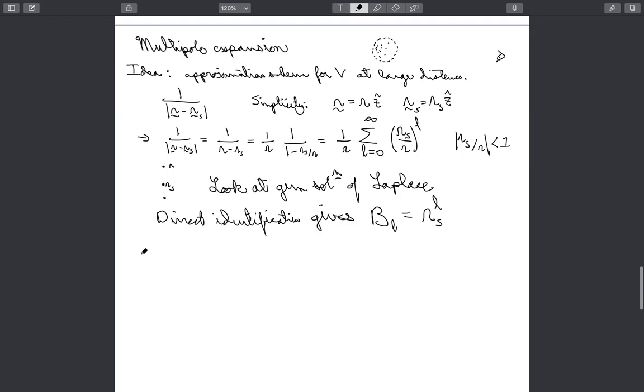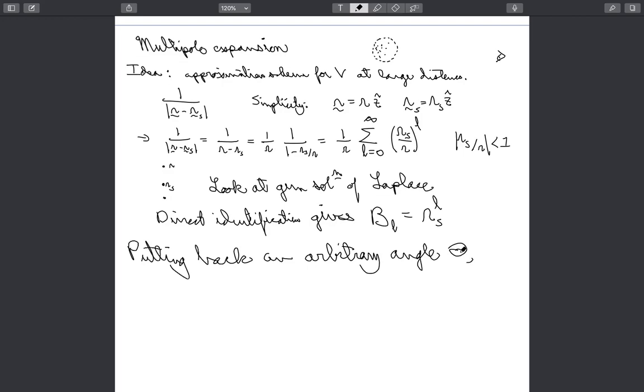Now, if we were to put back an arbitrary angle, this would mean that what we would be able to write is that the vector in that case, 1 over |r minus rs|, would just be the same summations we've been doing, L from 0 to infinity, with now our coefficient BL, which is rs to the power L.